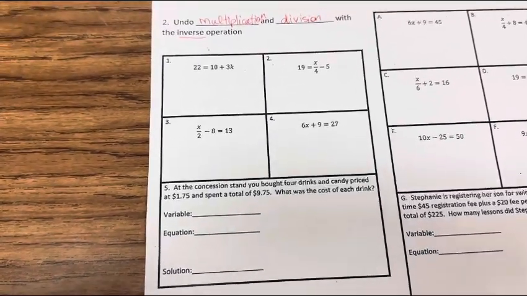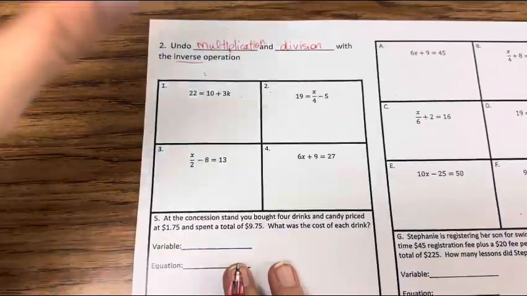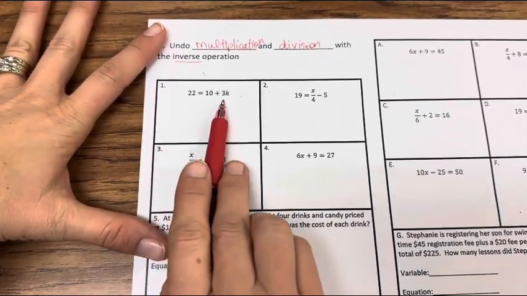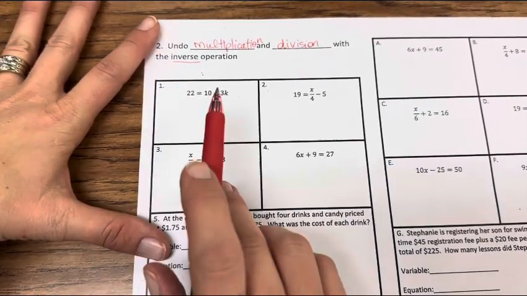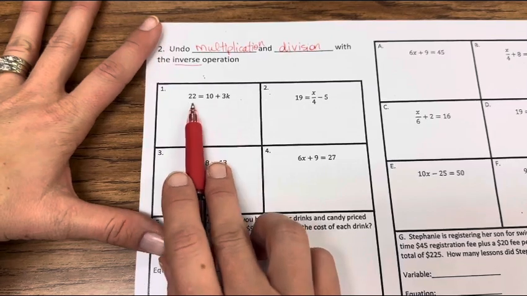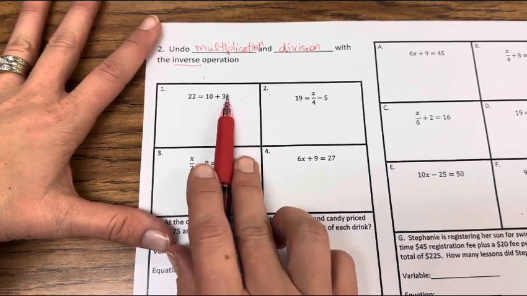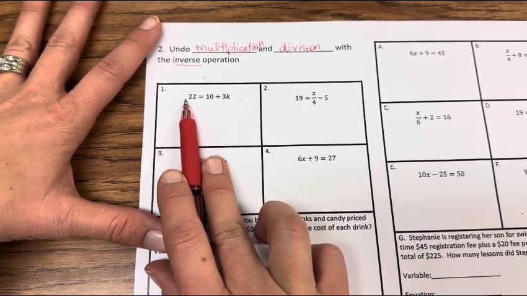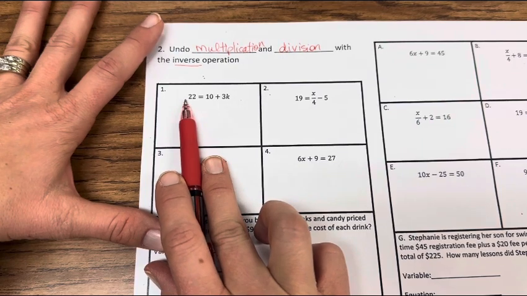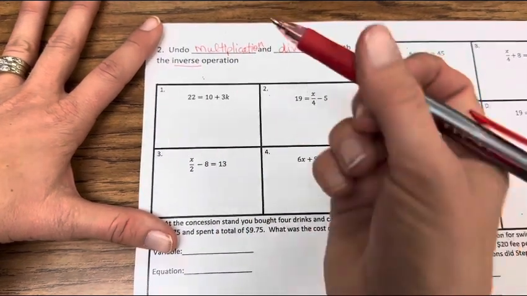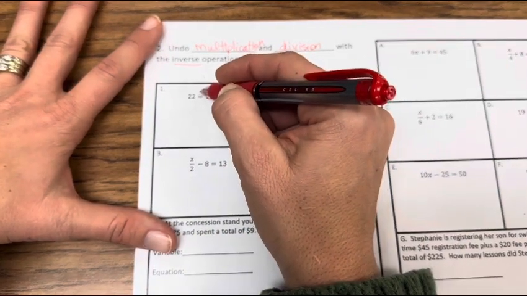In order to figure out what k is, in this example, we want to figure out what number we could put there in order for this whole equation to be true. All right, so we're going to start exactly like we did before, okay?